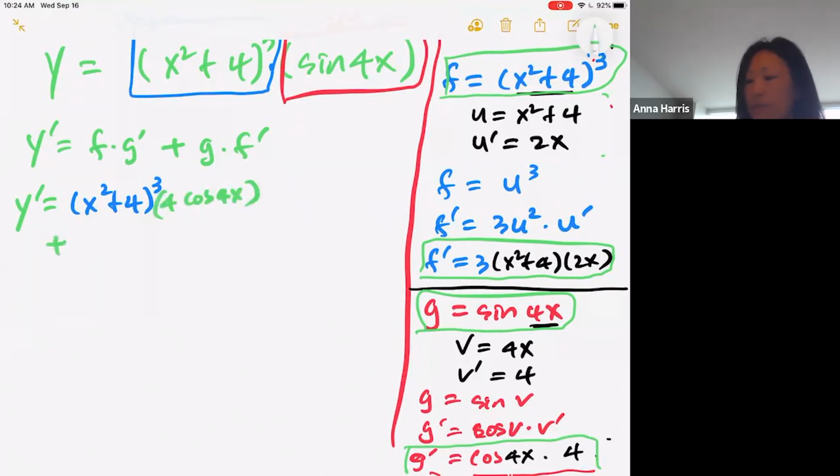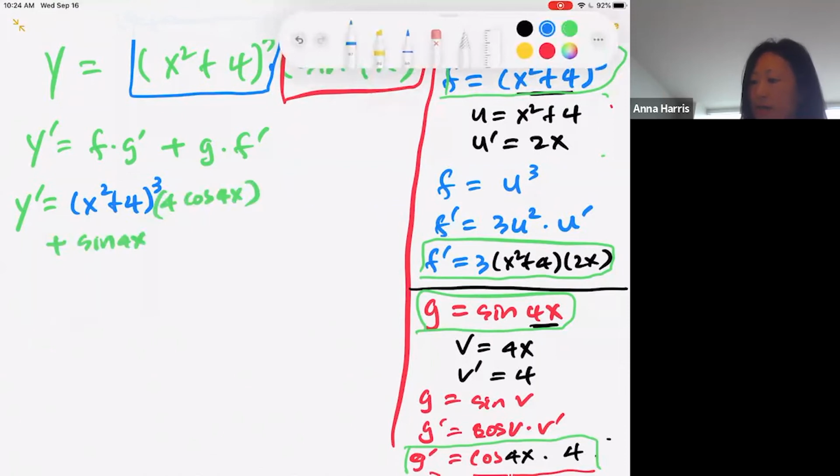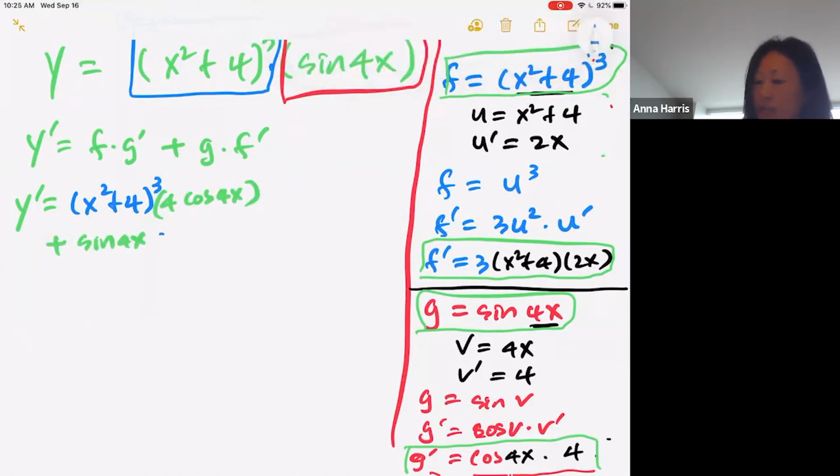Now plus g, which is sine 4x. And then f prime, which is 3 times x squared plus 4 squared times 2x. Can I combine these two? Well, I just write down everything, just what it is, and then combine later.